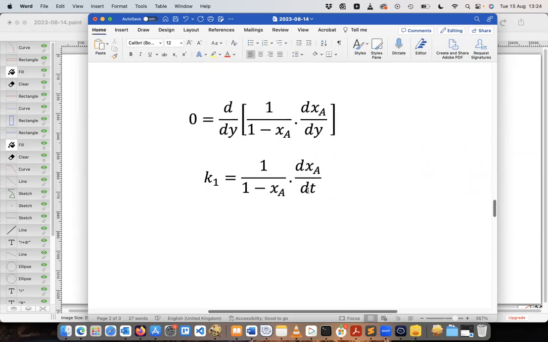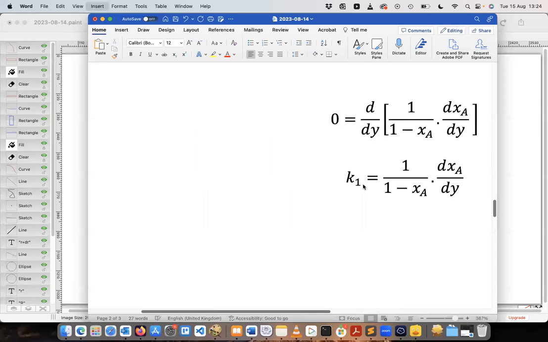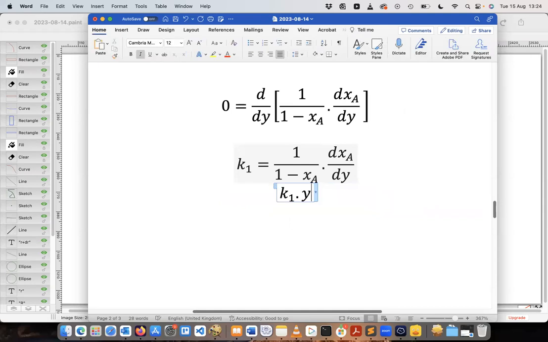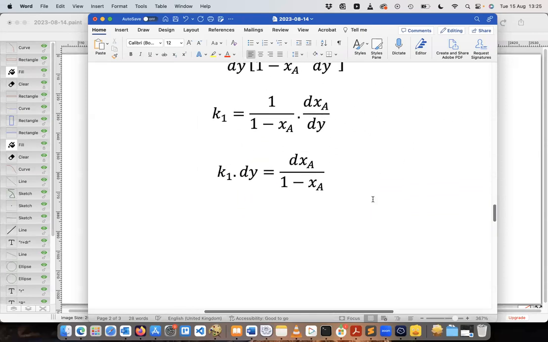And then here, we can separate the variables. We can take the dy there and integrate dx_A over 1 minus x_A. So k1 dy equals dx_A over 1 minus x_A. Now the variables are separated, and we can look at integrating this.